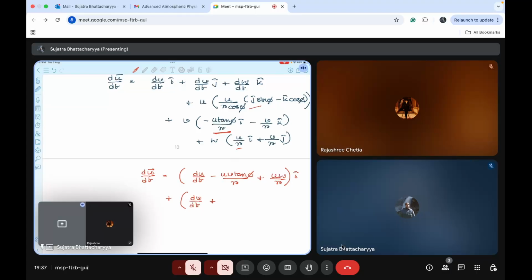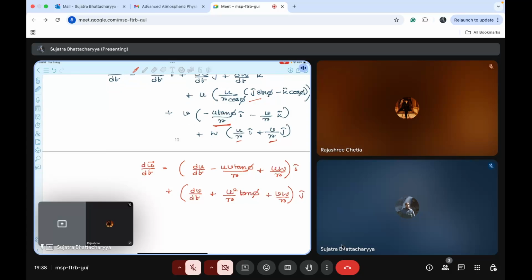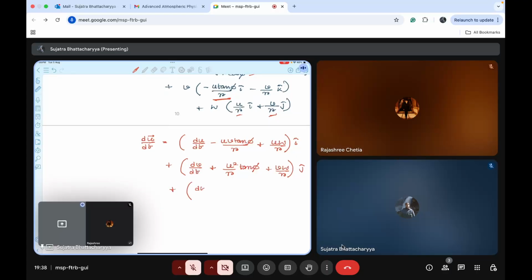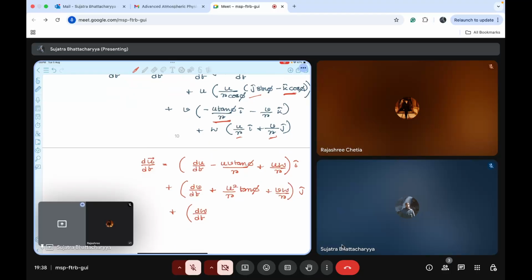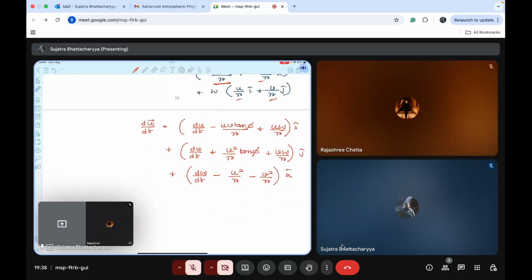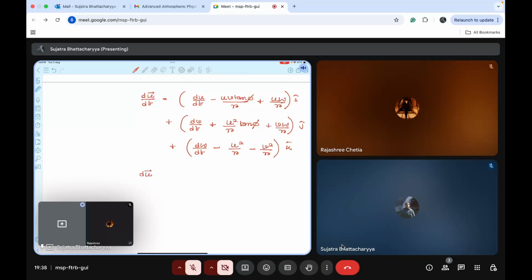So it will be plus u square by r, sine by cos is tan. What is another j term? This, vw by r, j hat. Then next dw dt. Okay, where is the k? Here is another k. So it will be minus u square by r, minus this one, v square by r. And that's all.